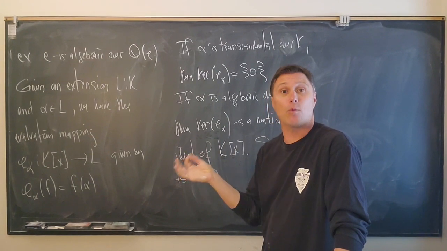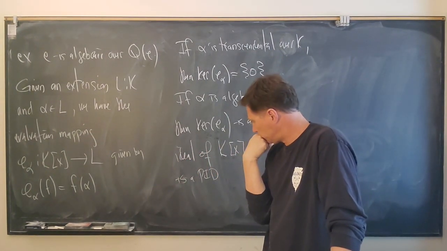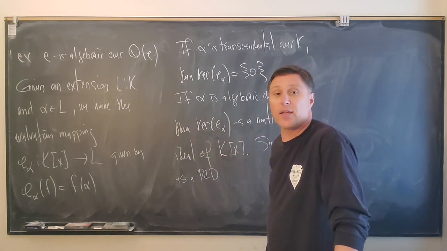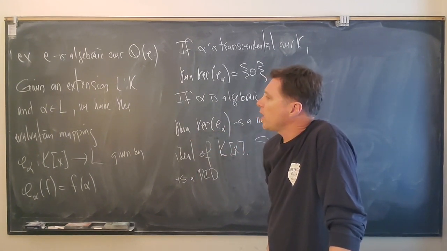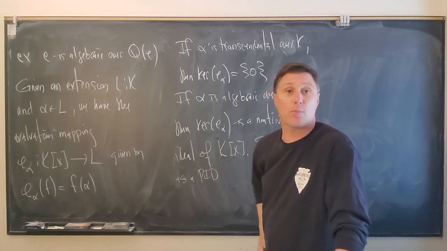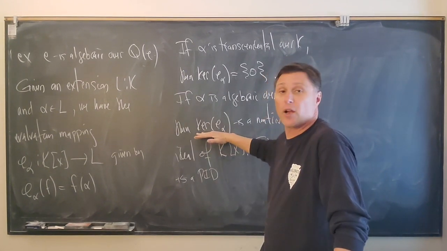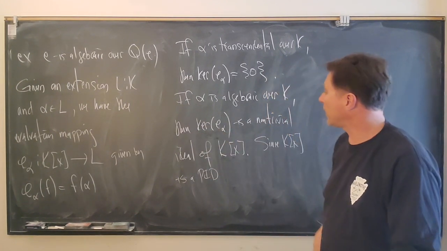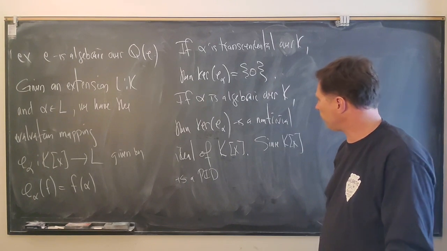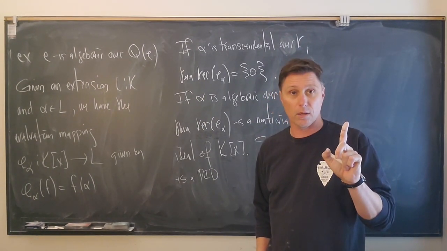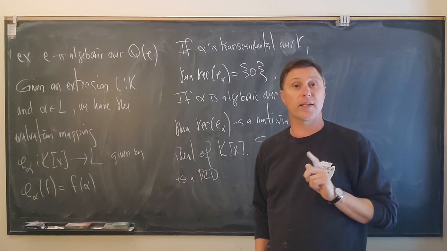And it turns out that that will be a generator. So there's actually a whole bunch of generators for this ideal right here. Just take any non-zero polynomial of least degree that lives in here, and you'll be able to see that it generates.